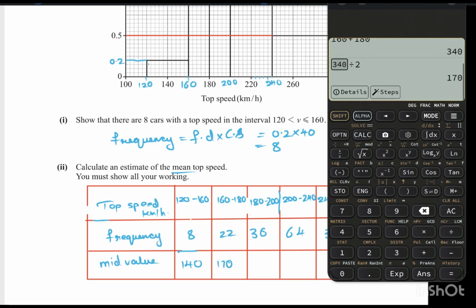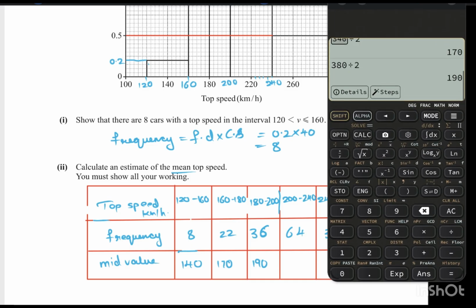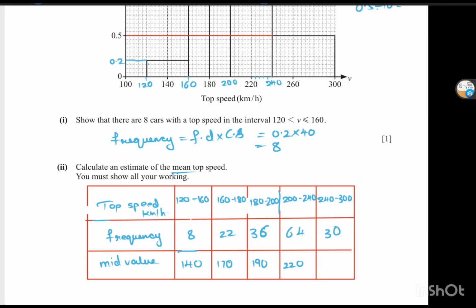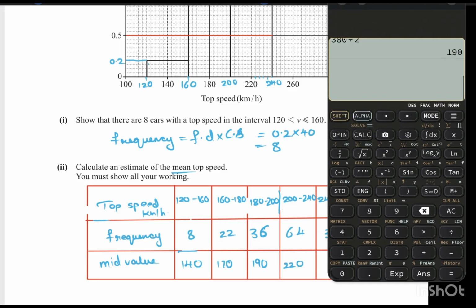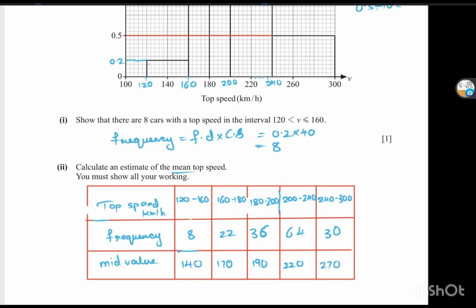Next, 180 plus 200 is 380, divided by 2 is 190. Then 200 plus 240 will be 440, divided by 2 is 220. Next, last class is 240 plus 300, which will be 540. So 540 divided by 2 is 270. We got all the values.